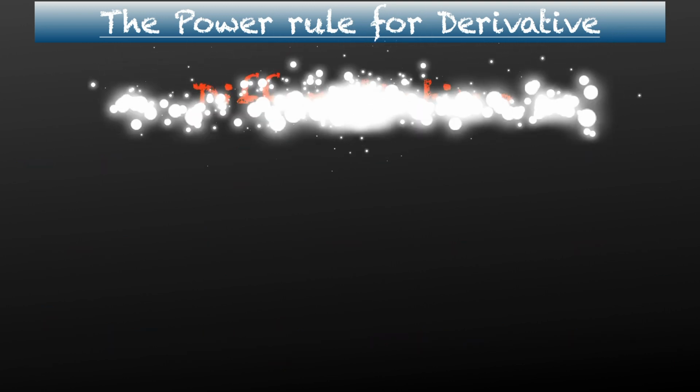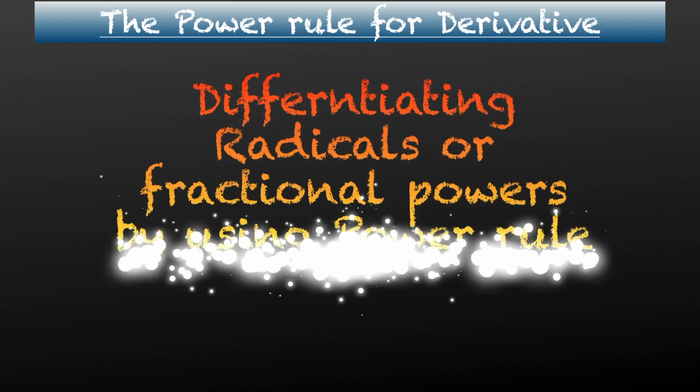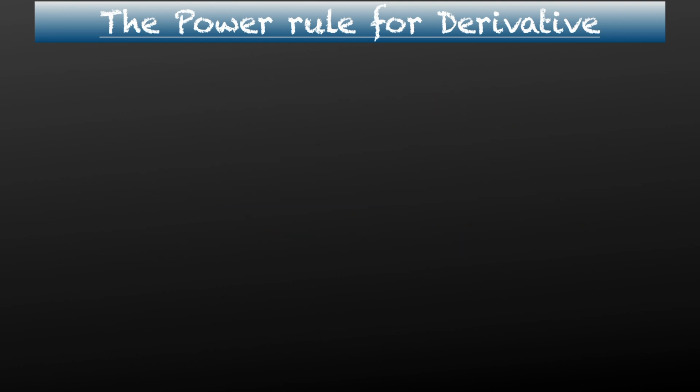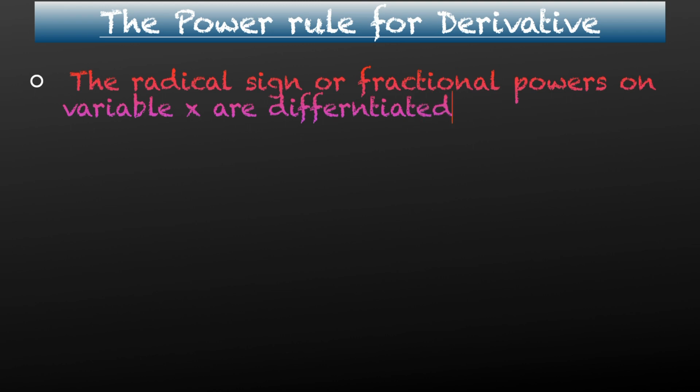Finally, we differentiate radicals or fractional powers by using the power rule. If the variable x has a radical sign, and another name for a radical sign is a fractional power, we differentiate it by using the power rule.